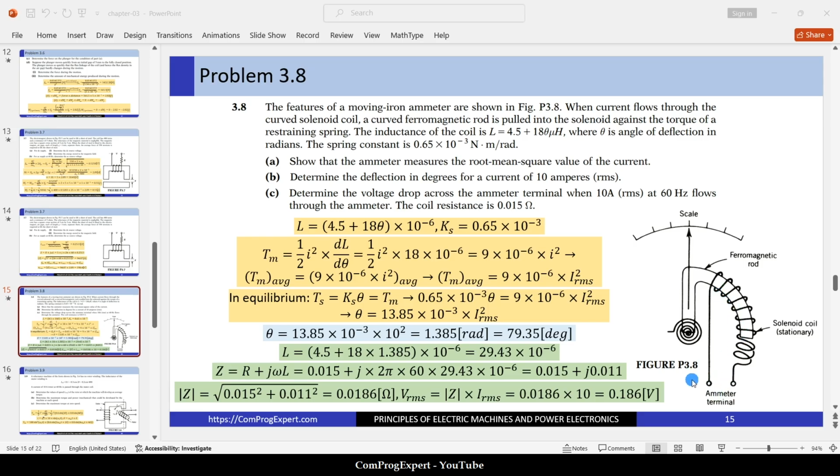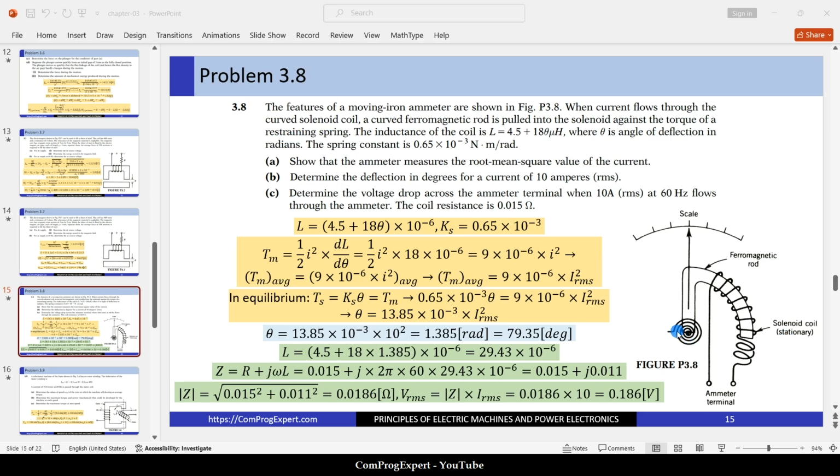These are terminals. When current flows through the curved solenoid coil, this coil, a curved ferromagnetic rod is pulled into the solenoid against the torque of a restraining spring.